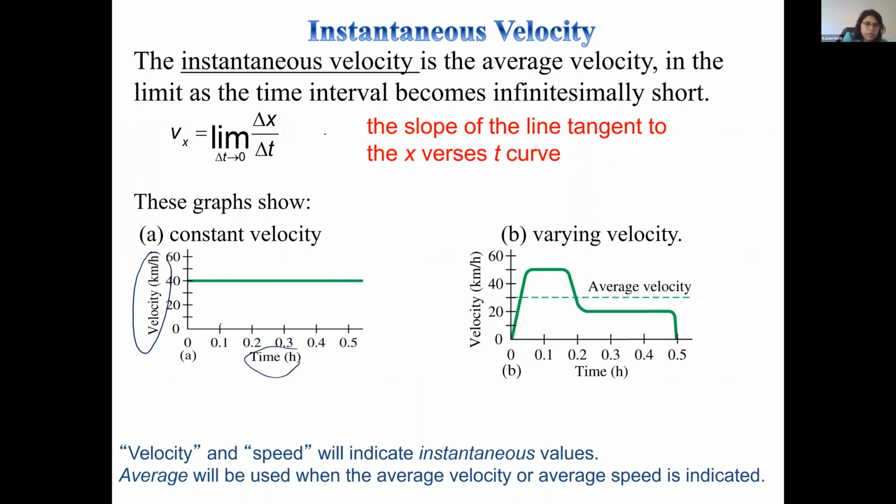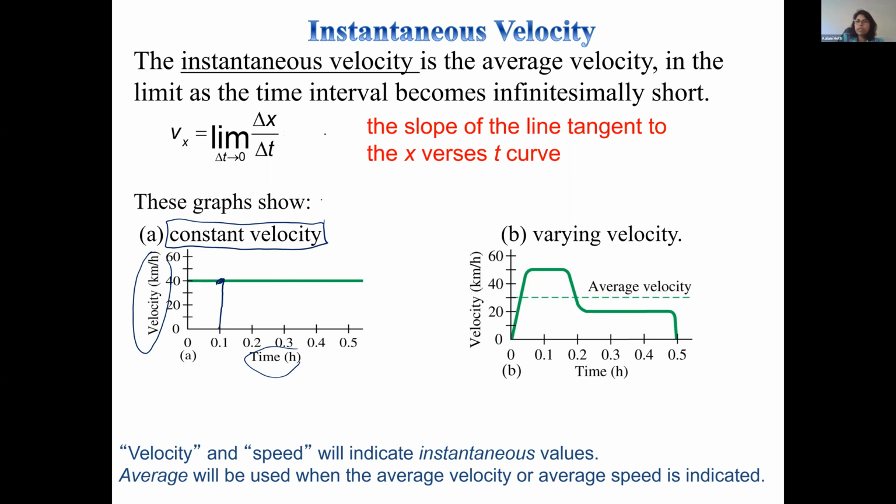Instantaneous velocity means at 0.1 hour, I have a velocity of 40. That is called instantaneous velocity, right? Since in this graph I have constant velocity, your instantaneous velocity for each time will be the same. That means the average velocity will be exactly equal to the instantaneous velocity.